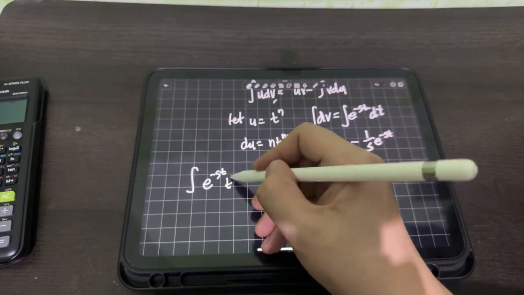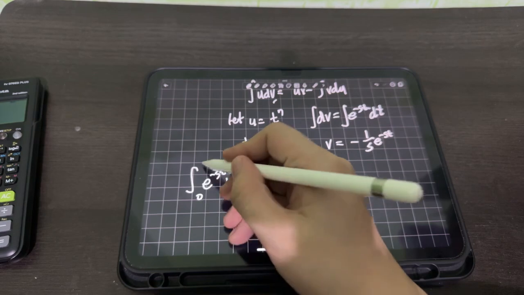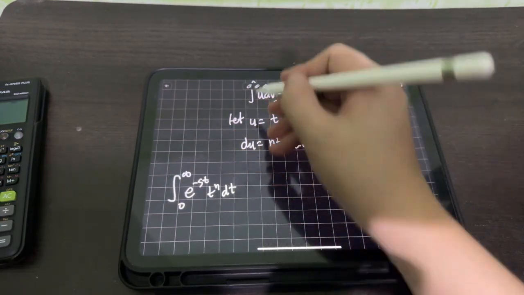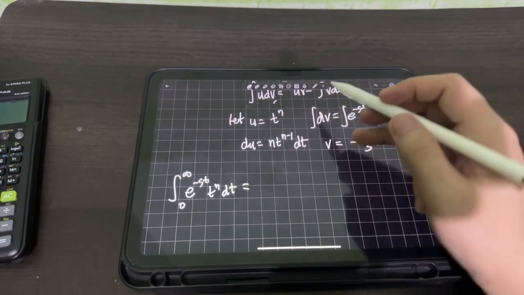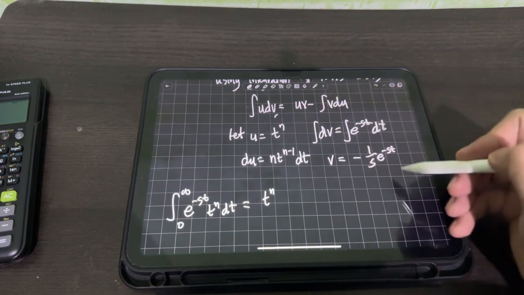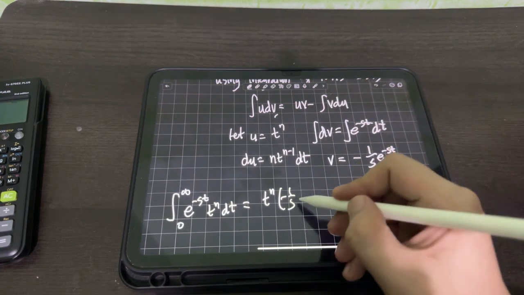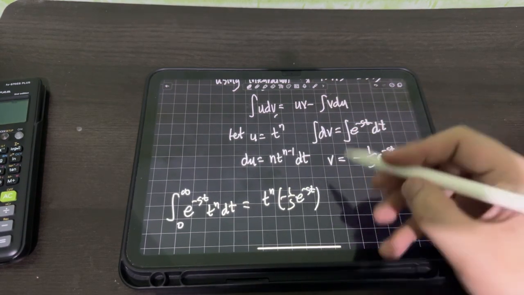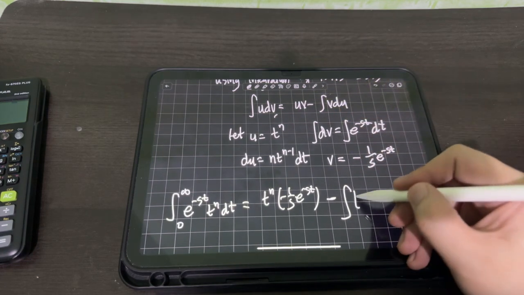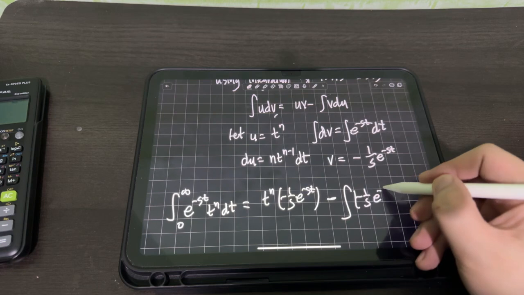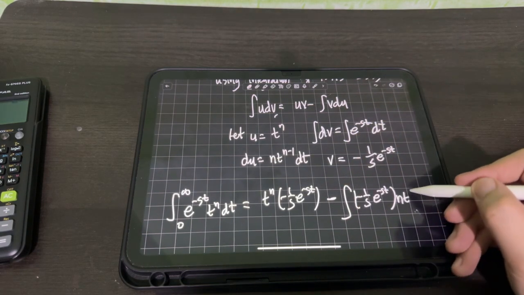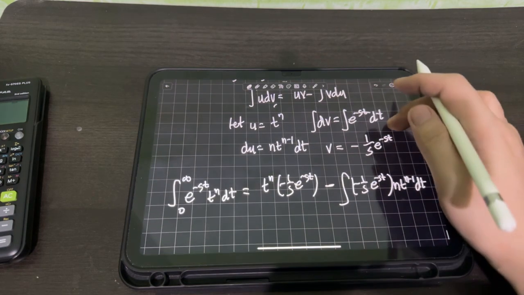Now, applying this formula for integration by parts, we have the integral of the original problem, e to the negative st t to the n dt from 0 to infinity, equal to uv. U is t to the n, v is negative 1 over s e to the negative st, minus the integral of v, which is negative 1 over s e to the negative st, du, which is n t to the n minus 1 dt.